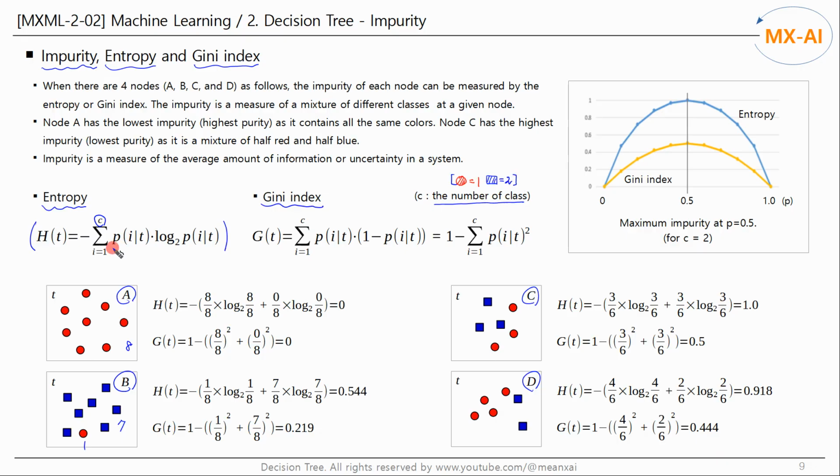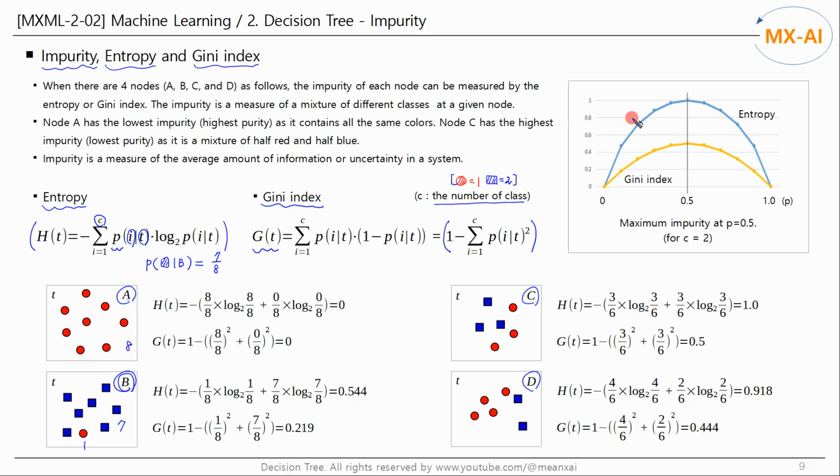P denotes the probability that class I is included in a given node T. For example, node B has 7 blues out of 8 total data points. So this conditional probability is 7/8.